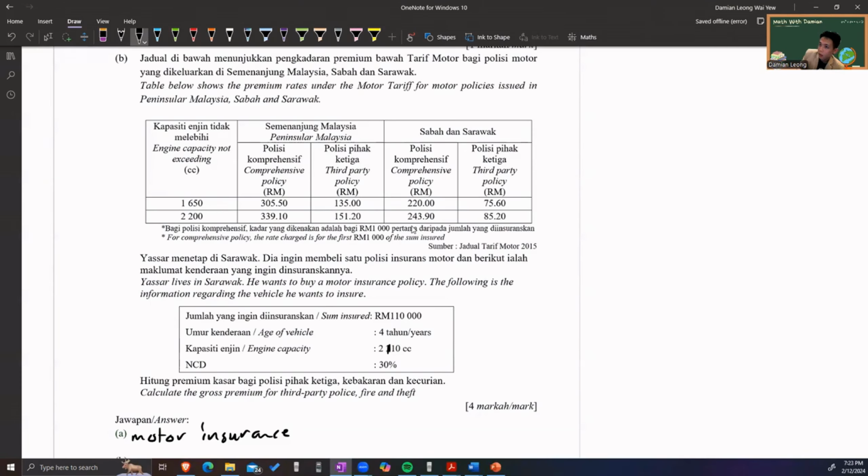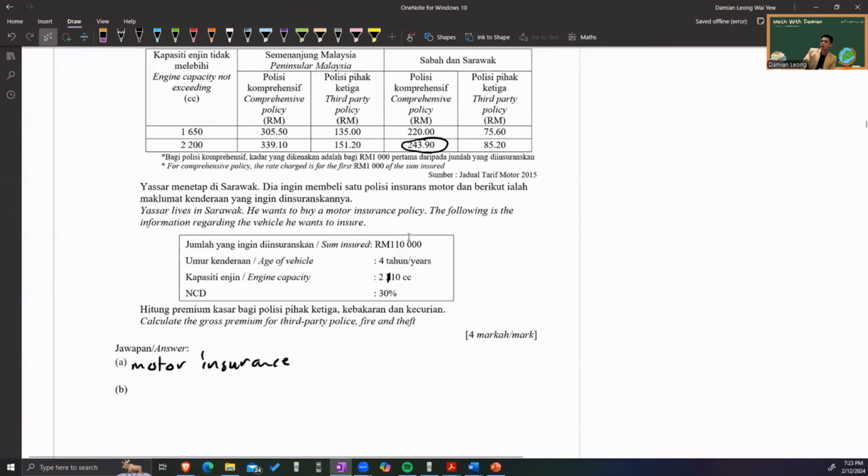But how we do this question, basically we follow this. For a third party, fire and theft policy, make sure you remember, it is always 75% of the basic premium for a comprehensive policy.